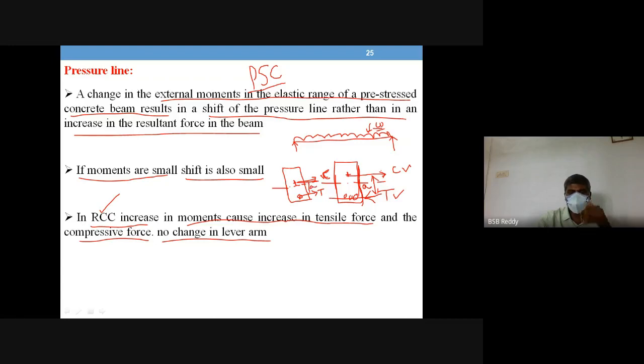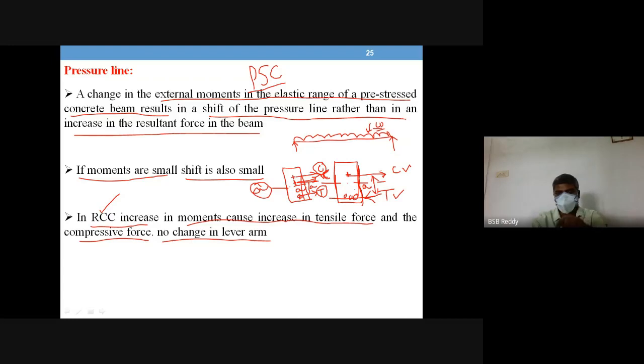What is happening when the load is increased? The CG of that compression is shifting. That means the location of C is changing, not the value. So a is changing, the lever arm is changing, not the C value and T value. These are constants. The lever arm is changing because the location of the C line is shifting.